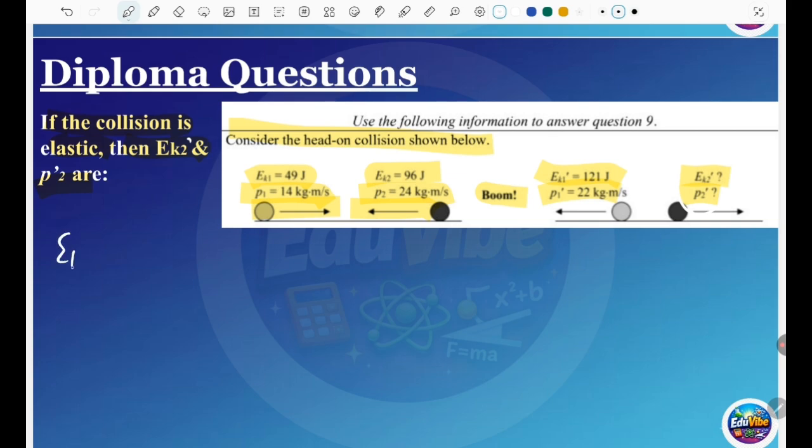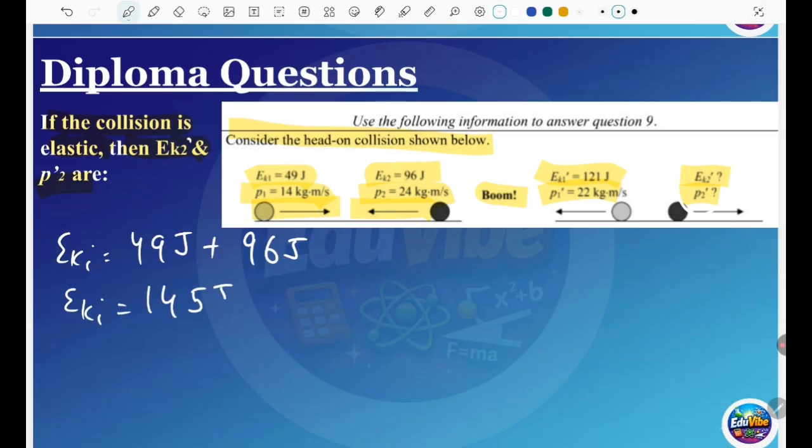When we find EKI, we deal with the initials of both. What is the initial for this? This is 49 joules. For the second one, we have 96 joules. From here, we get about 145 joules.